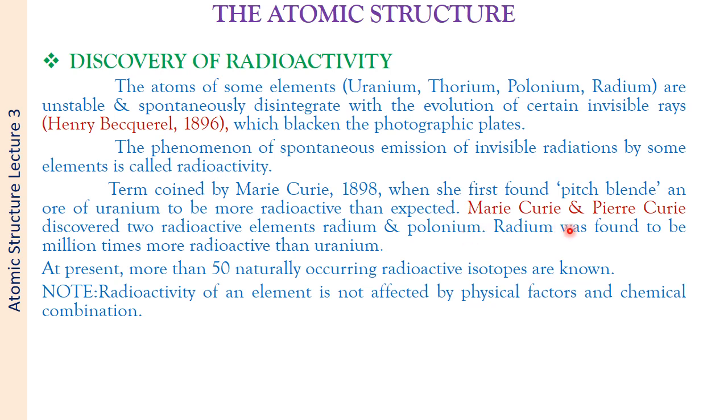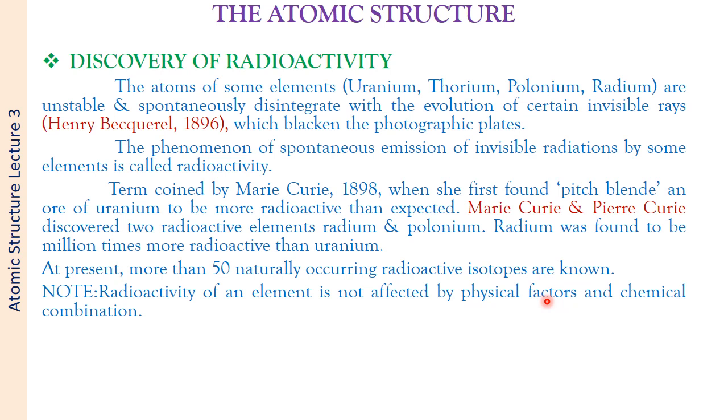Radium was found to be a million times more radioactive than uranium, and at present more than 50 naturally occurring radioisotopes are known to us. One important piece of information: the radioactivity of an element is not affected by physical factors like temperature and pressure. Nothing is going to happen. They just spontaneously disintegrate.